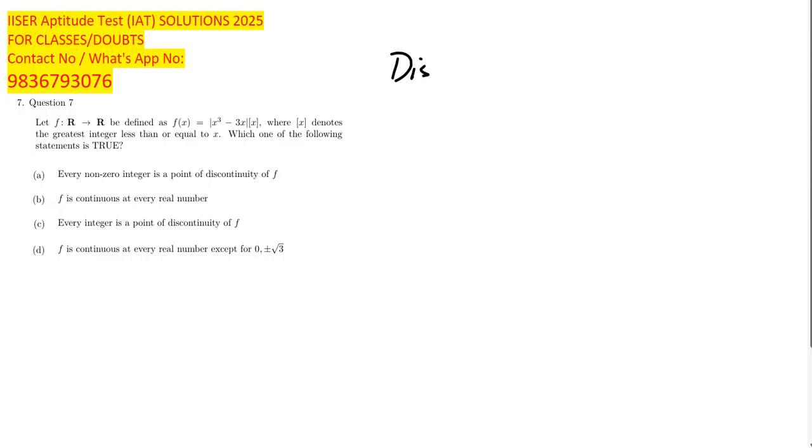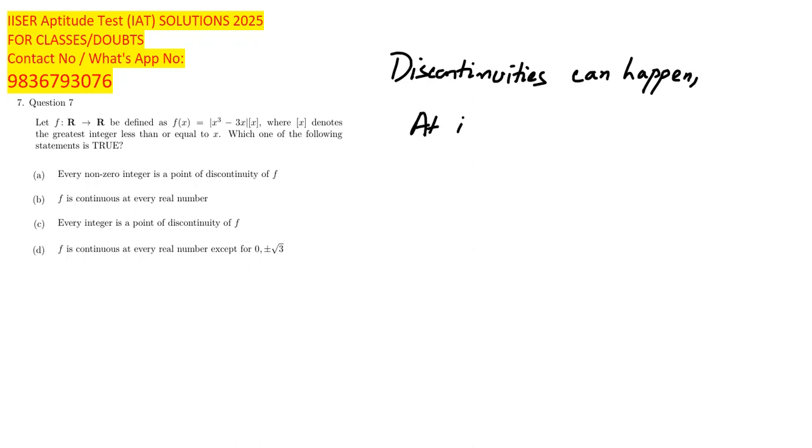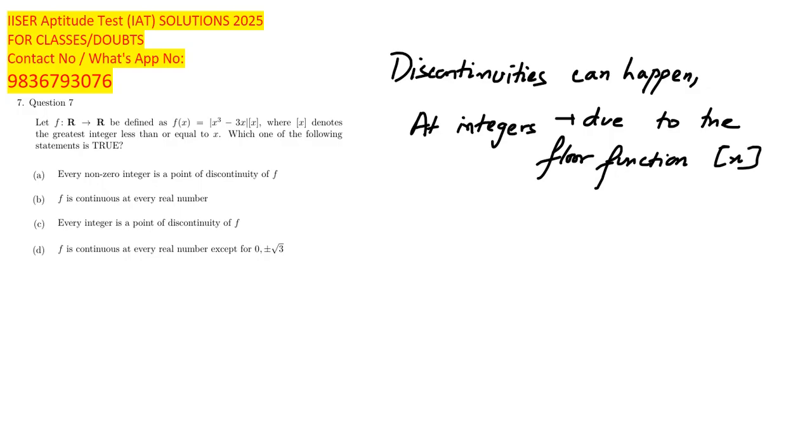Discontinuities can happen at integers due to the floor function, and at points where x³ − 3x is equal to 0.